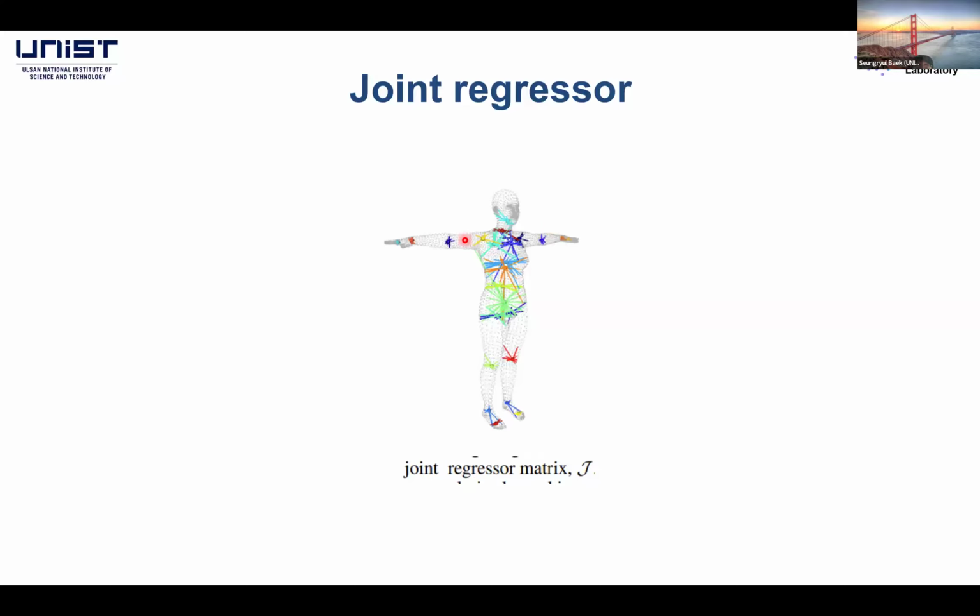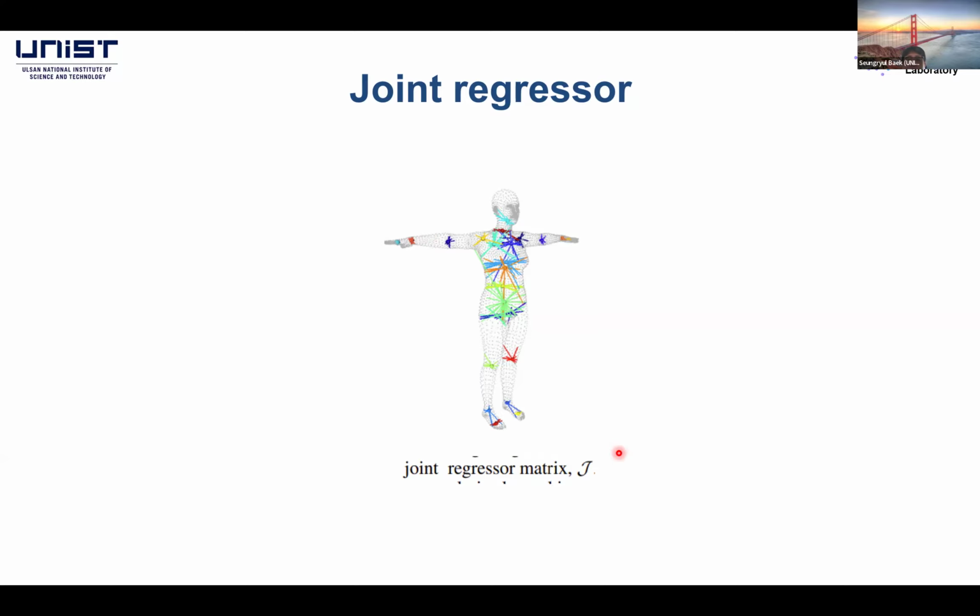For example, when getting this joint, they get weights from nearby SMPL vertices, and for this joint, they regress its position by knowing the surrounding SMPL vertices. So when knowing the SMPL vertices, you can directly estimate the joint locations using this joint regressor. Are you guys understanding this?